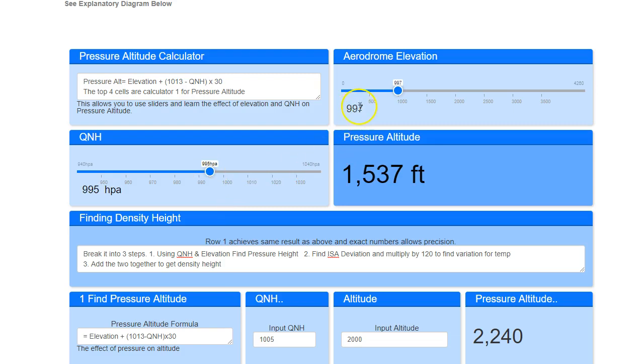So, in other words, taking off at, say, roughly 1,000 feet, in 995 hectopascals is roughly like about 1,500 feet. So what that effectively means, if you're taking off at an airport with 1,000 feet, it is like taking off at an airport at 1,500 feet just because of the pressure variation. Now you need to be very careful because you can run out of runway or hit trees and things at the end of the runway if you don't get this right.